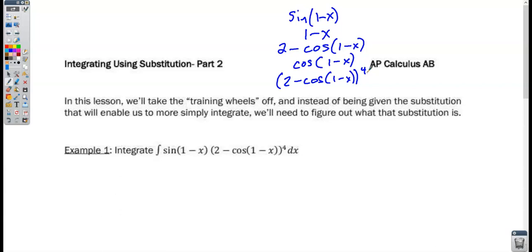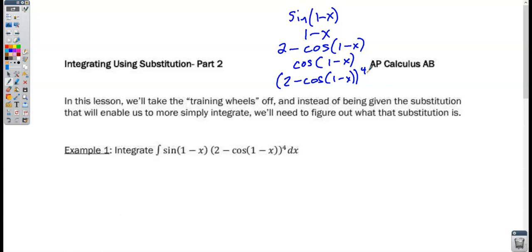So now the question is, which of these is best? We want to try not to substitute too little or too much. If we try and substitute too much, we'll end up in a position where when we take du, we don't have anything left in the expression to substitute.